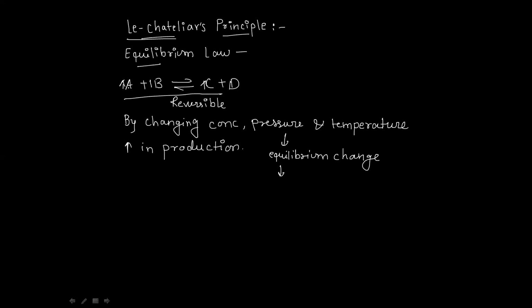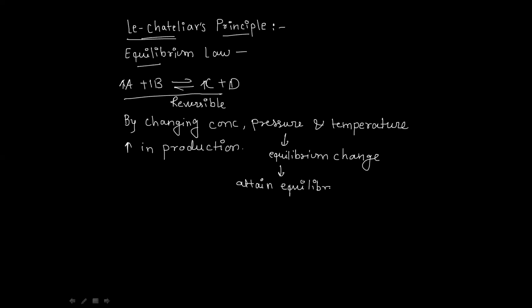Means if you are increasing the concentration of A, it will change the concentration of C. Means the reaction is shifting forward to attain equilibrium. So by changing concentration, pressure and temperature, equilibrium is changed, and it will attain equilibrium again.